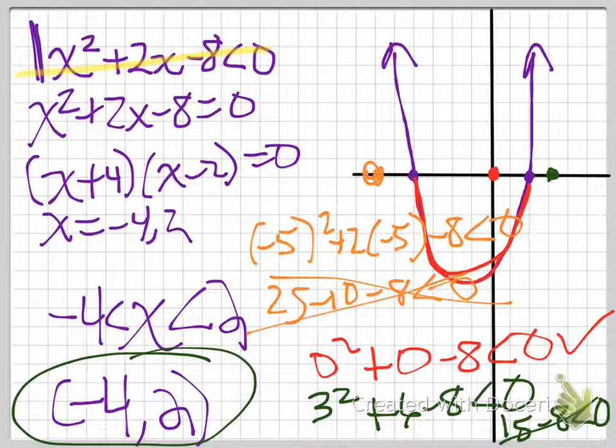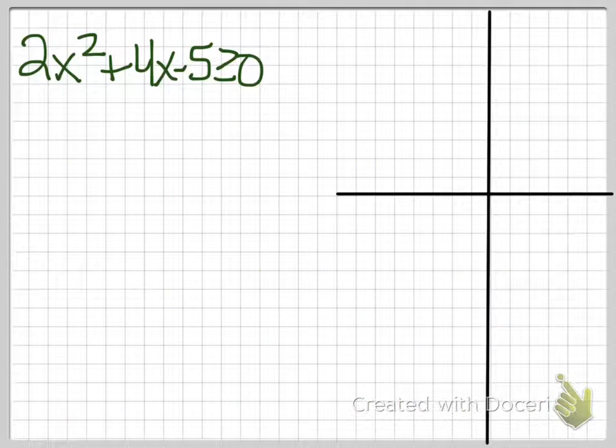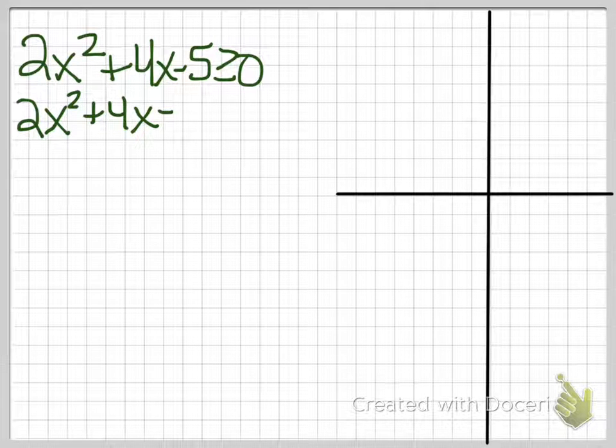Okay, next let's do one where it's greater than or equal to 0. In this case I have 2x squared plus 4x minus 5 is greater than or equal to 0. The first thing I'll do is make the same inequality into a function, or an equation.